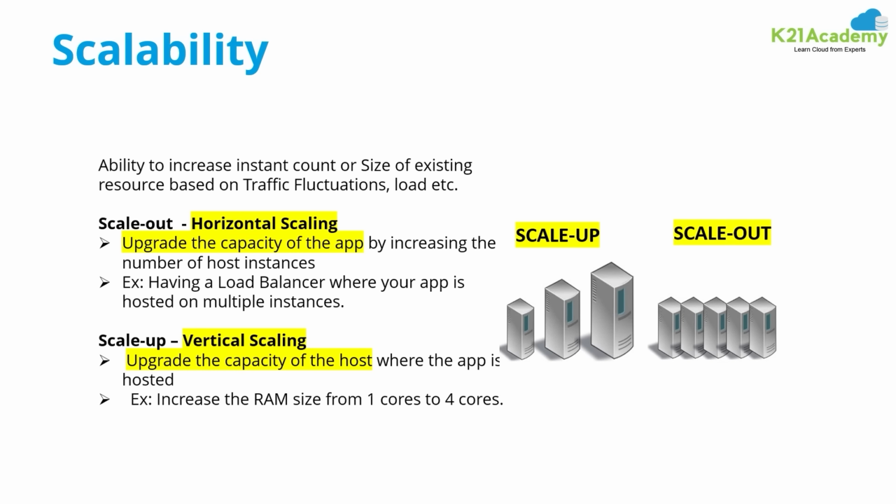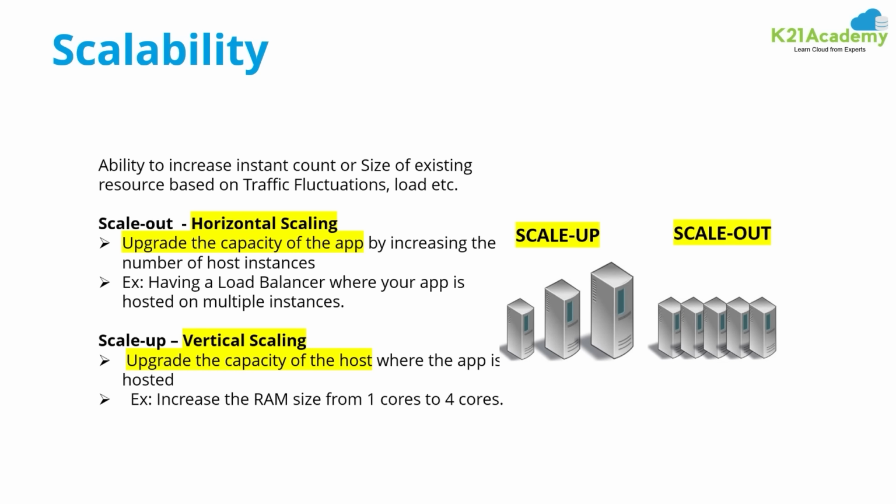So it is the elasticity that I am getting on my EC2 instance. Whenever I want, I can increase the size of it. Whenever I want, I can decrease the size of this service. So my EC2 service is elastic.